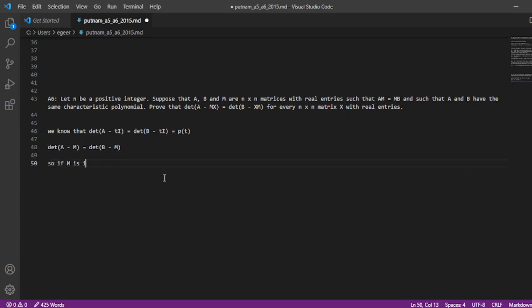So if M is invertible, then we can probably give some kind of argument like this. Determinant of M times determinant M inverse A minus identity. But actually, it still doesn't go anywhere.